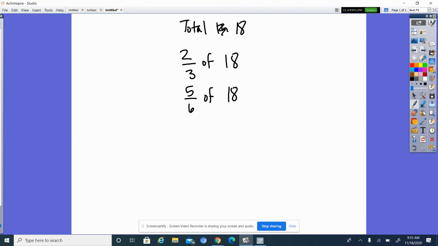Our total is 18. Right? All you're doing is finding what 2/3 of 18 is. The next one you're finding out what 5/6 of 18 is. The next one you're finding out what 1/9 of 18 is. Does that make sense? Okay, you're just finding out the fractional part of 18 for the whole thing.